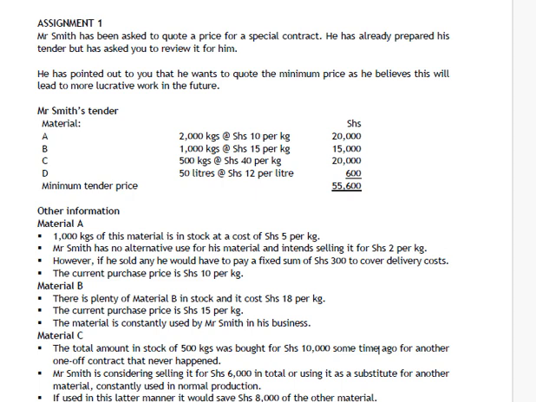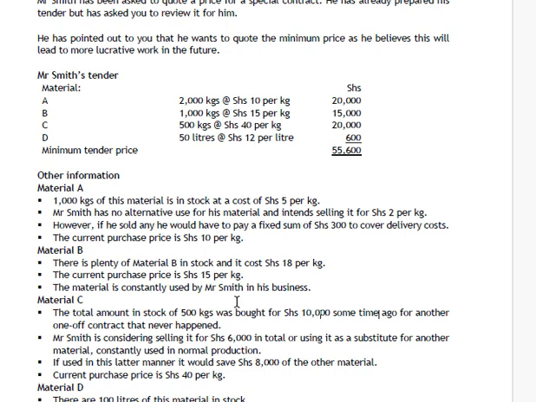Let us see the additional information. The total amount in stock is 500 kilograms. This was bought for shillings 10,000 some time ago for another one-off contract that never happened.